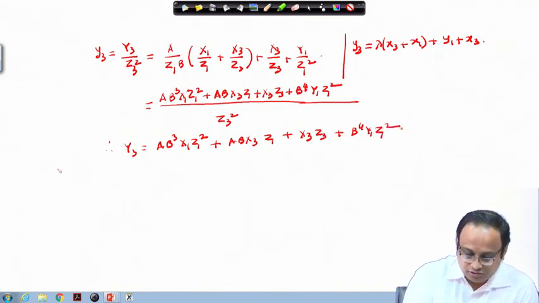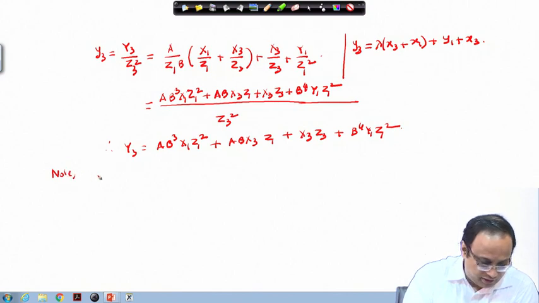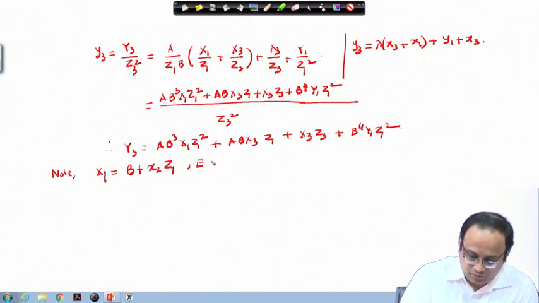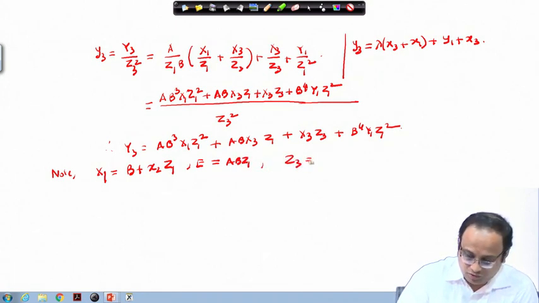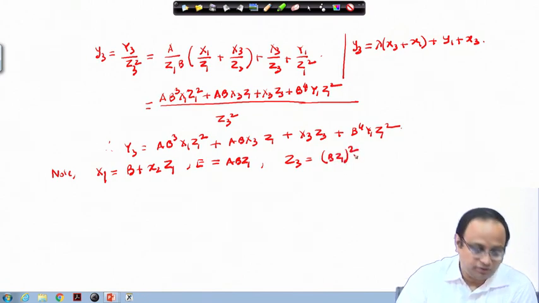Okay. So, now note that we already had this in the previous derivations, that capital X1 was equal to B plus X2 Z1 and E was equal to AB Z1. Okay. And also that Z3 was equal to B Z1 whole square. Okay.